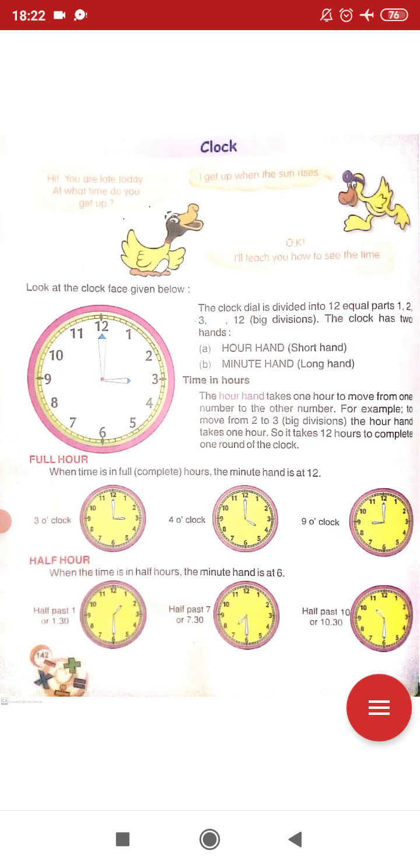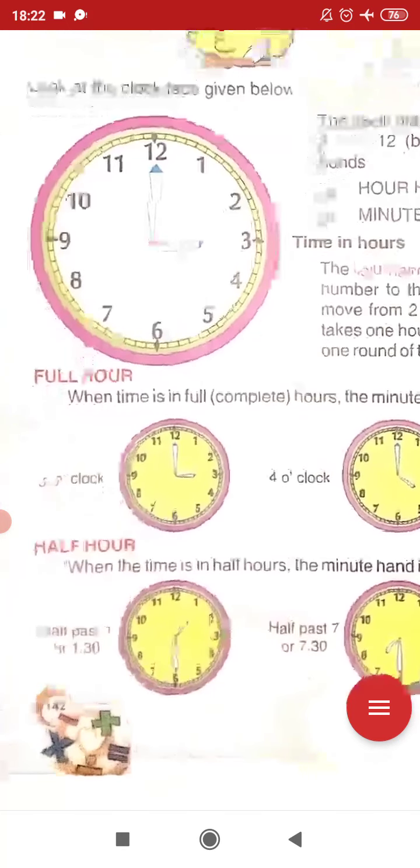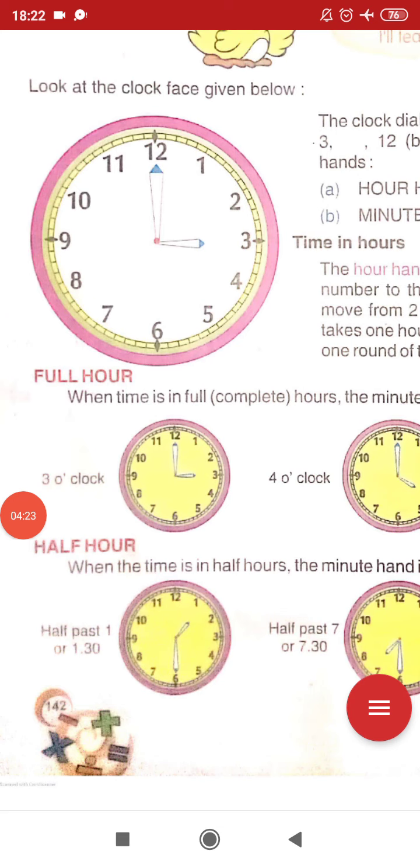So you can see the time mentioned on these clocks. The first time, here the time is 3. The location of hour hand, you can see the hour hand is pointing at 3, and the location of minute hand is at 12. So 12, that means full hour. So time is 3 o'clock.